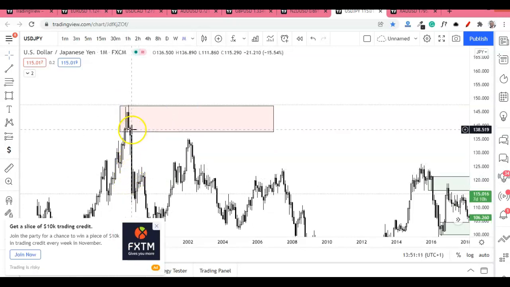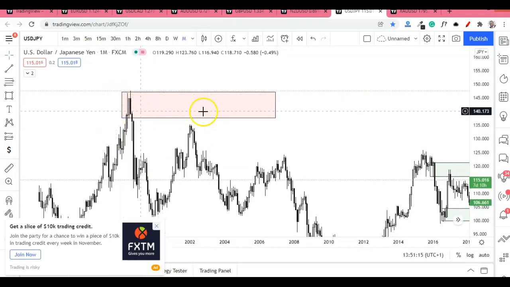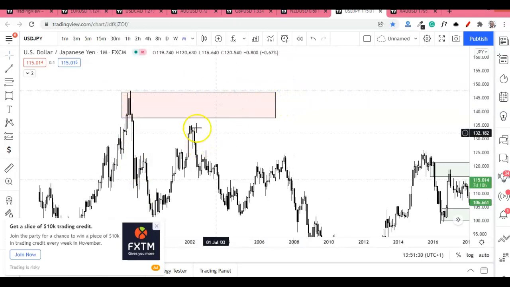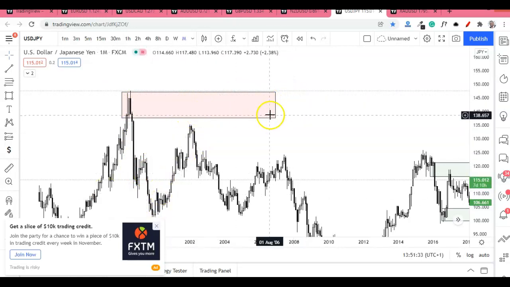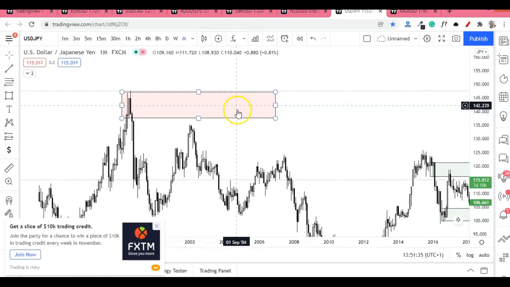There's an imbalance here, there's an imbalance here. So that means this is a supply zone. There were orders in here on this monthly chart that were filled, manipulated the highs, broke structure to the downside, then moved the price downward, creating a point of supply.